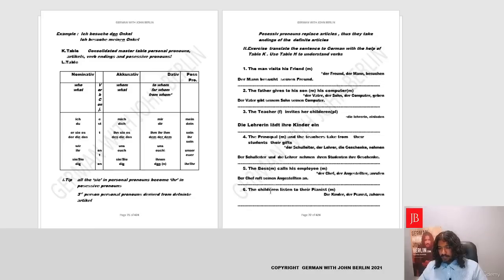And that's basically the children listen to the pianist. Yes. Now the verb is to listen. We'll come to it. But first, the children. So who listens to the pianist? It's the children. It's plural. So we'll go to die and we'll write here die Kinder. Kinder means children. Listen, the verb is zu hören. It's again a two-part verb.